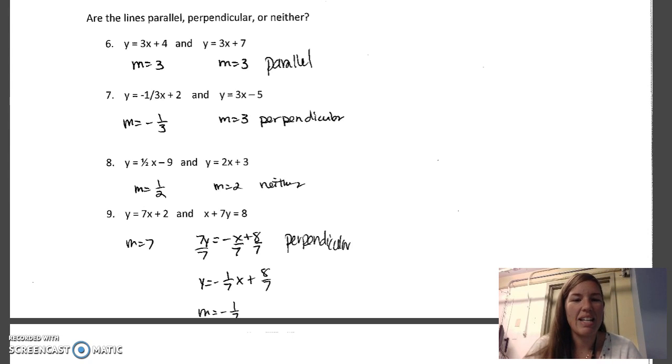Second equation has a negative 1/7. Are those the same? No, so not parallel. Are they opposite reciprocals? One's positive, one's negative. One is a 7, one is 1/7. Yes, those are reciprocals. So opposite reciprocal makes that perpendicular. Okay, let's go down to 10 and 11.